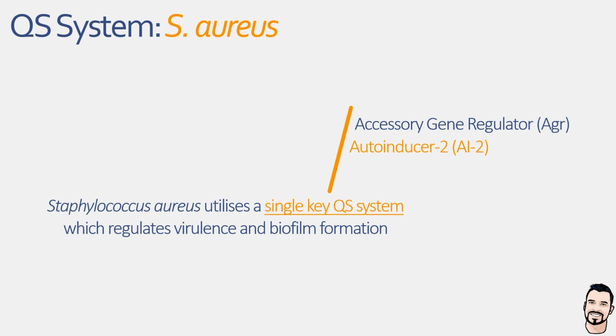And so quorum sensing helps Staphylococcus aureus navigate complex microbial environments and potentially coordinate behaviours with or compete against other microorganisms. Now, for the rest of this video, we're going to go on a deep dive into the key quorum sensing system in Staphylococcus aureus, which is our AGR quorum sensing system.